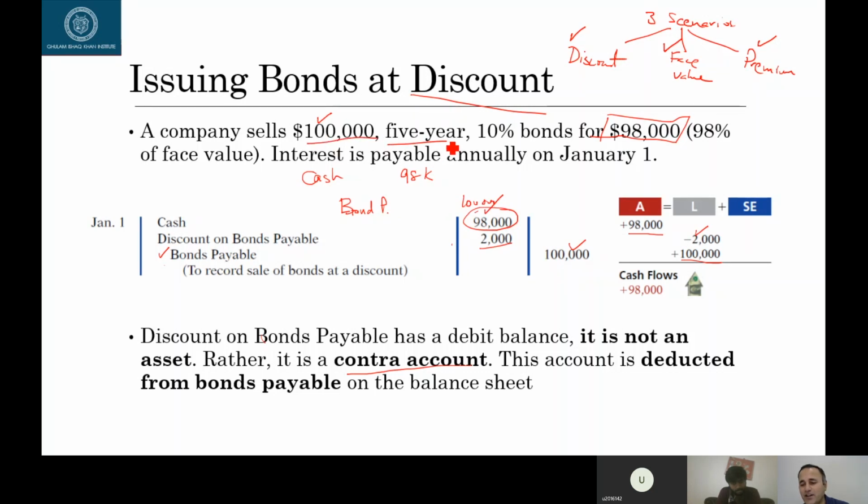At the end of 5 years, no matter what, you have to pay $100,000. So your liability actually is 100,000. Now, these entries have to balance out. If $100,000 is on the credit side, on the debit side I also have to balance it for 100,000. So if I have already accounted for cash, which is 98,000, where does the $2,000 go? It's a discount.